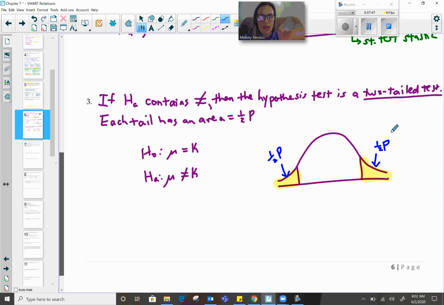Okay, and then right here is the negative standardized test statistic, and over here is the positive standardized test statistic.